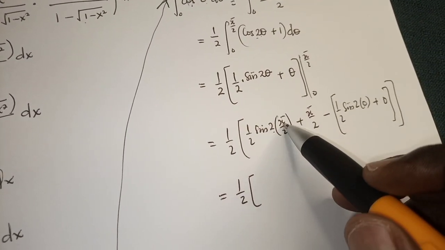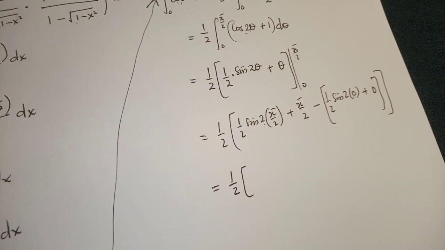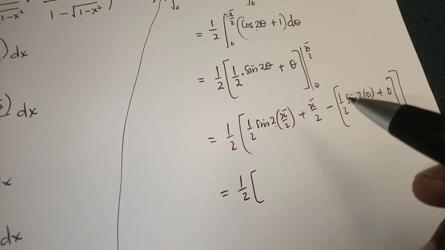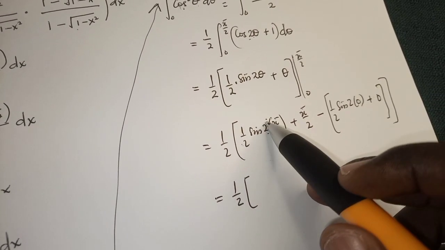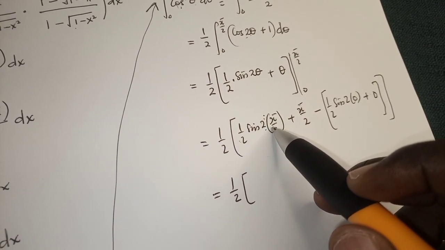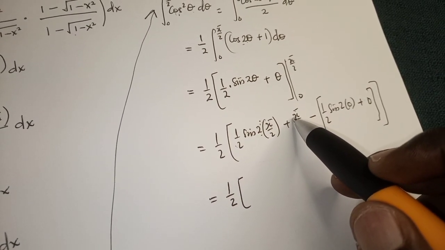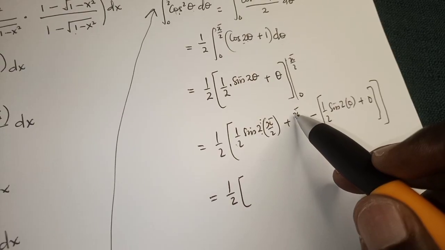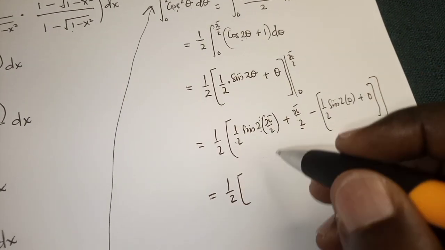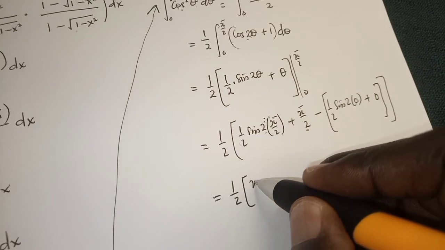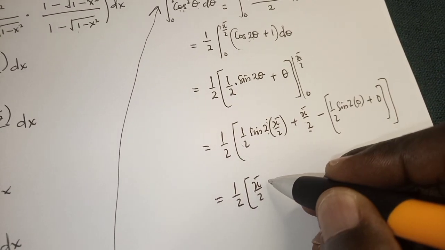Now this will be sine pi, and sine pi should give us 0. Then you'll be having pi on 2, so this one will be 0, and you'll be having pi on 2.